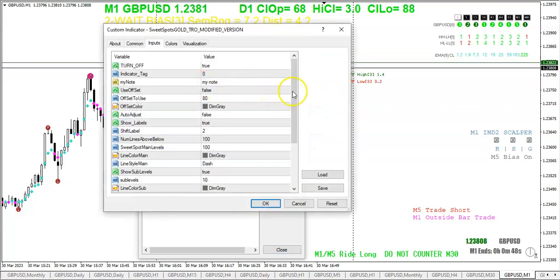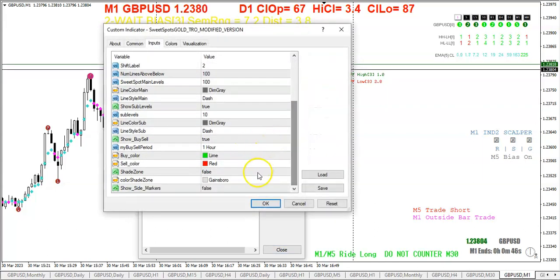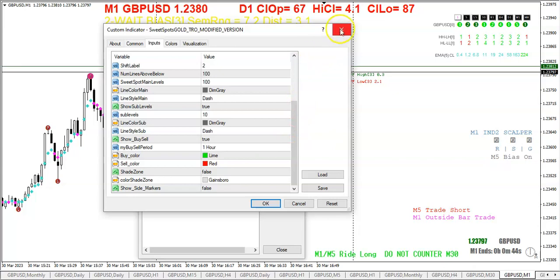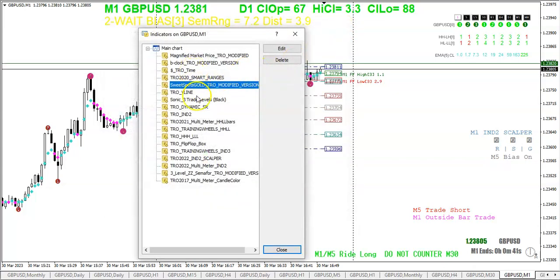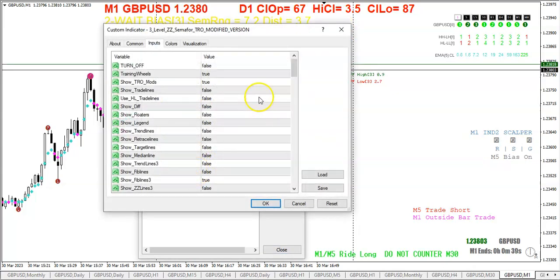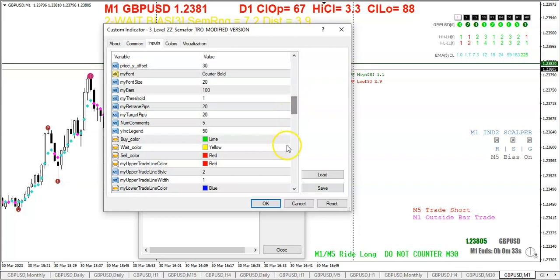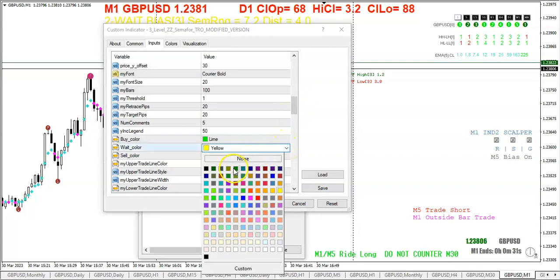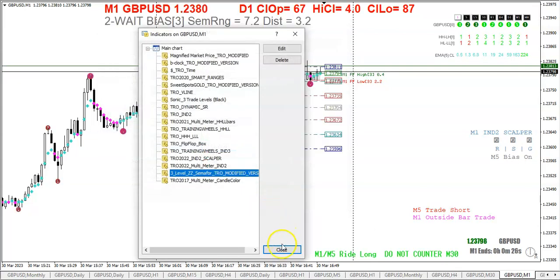On the 3-level ZZ semaphore, I made a modification on some of the logic that tells you which way to trade.